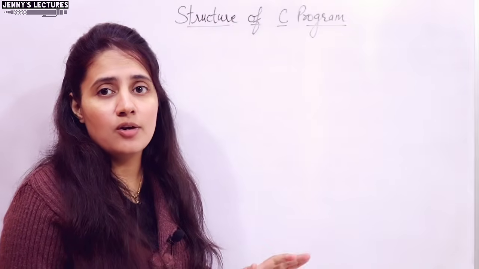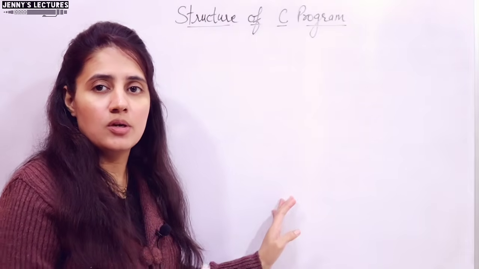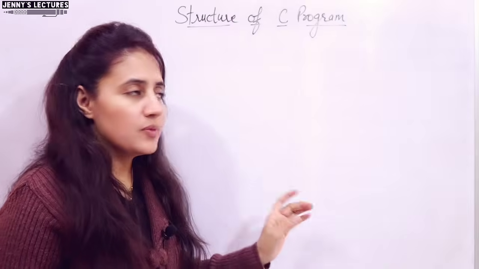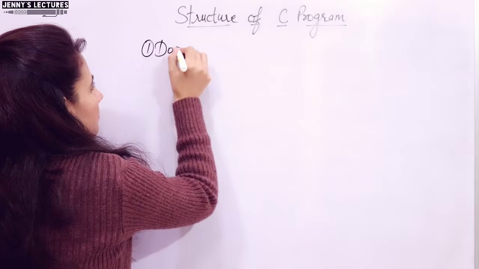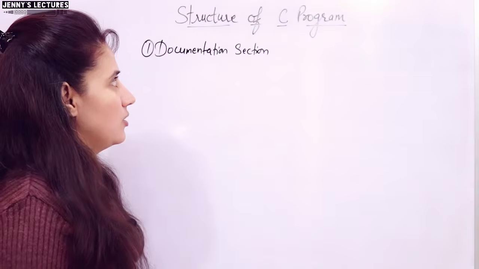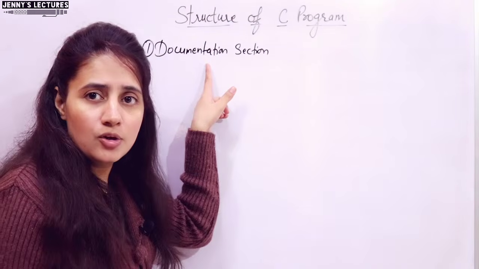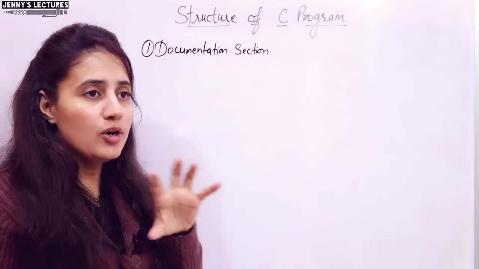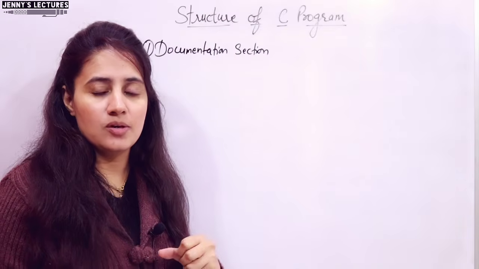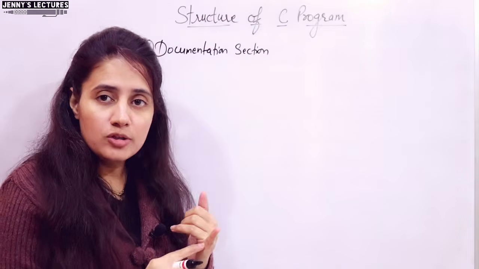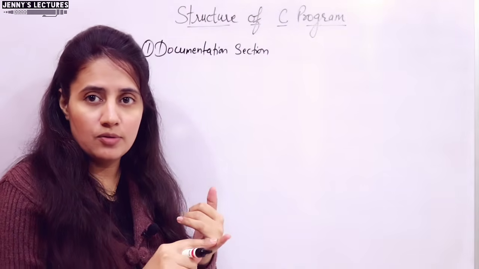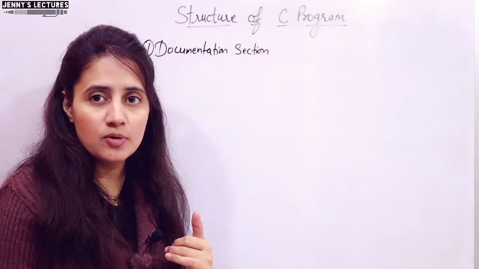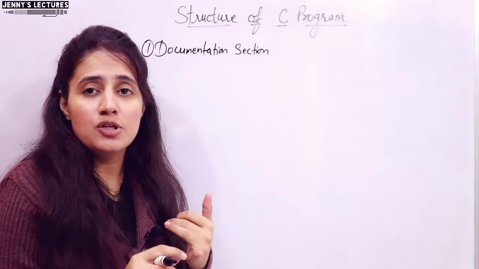It is not necessary that you have to include all the sections in your program when you are writing a program. So the very first section is the documentation section, or you can say the comment section. Here you include comments, meaning information like the author of that program, who has developed that program, the date and time of development, and a brief description about that program.